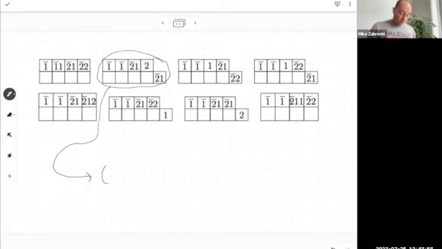The first one I record has no unbarred entries, so the shape looks like this, right? Because the no unbarred entries are just these entries.